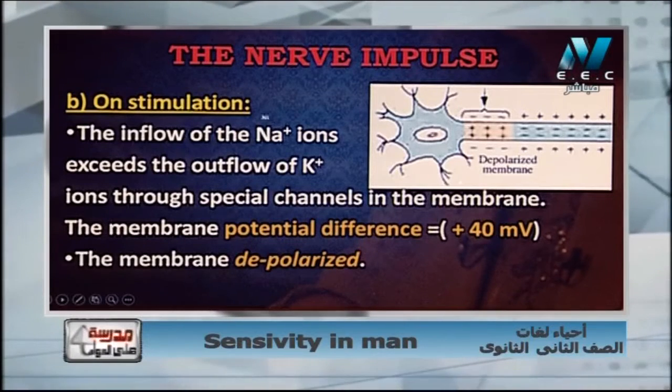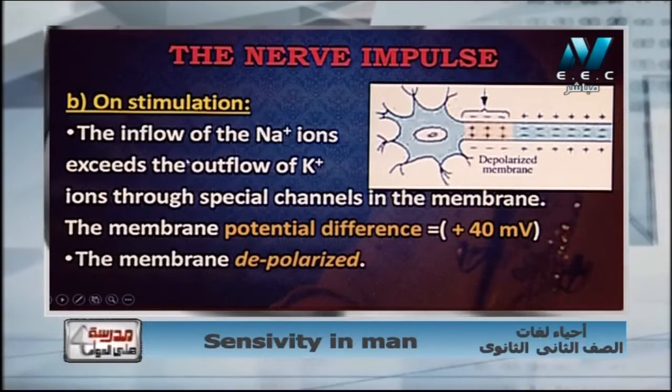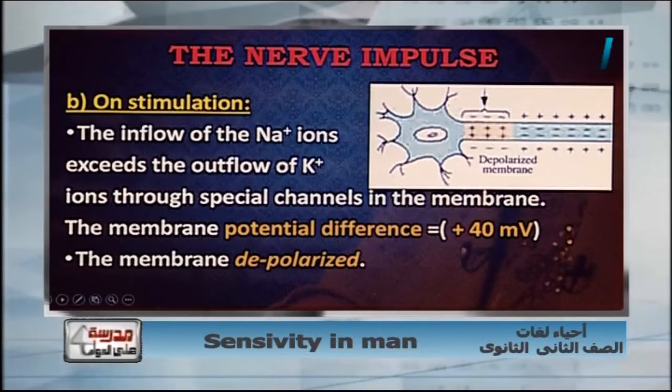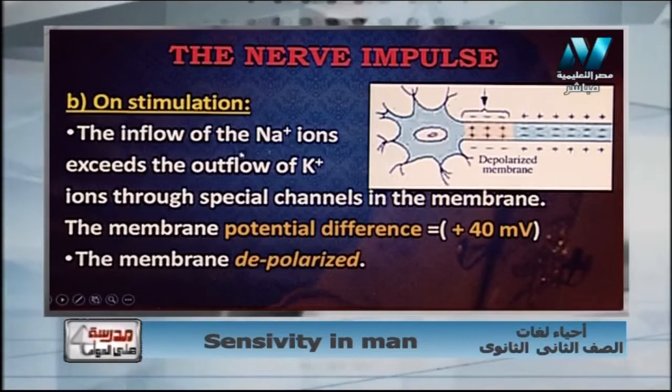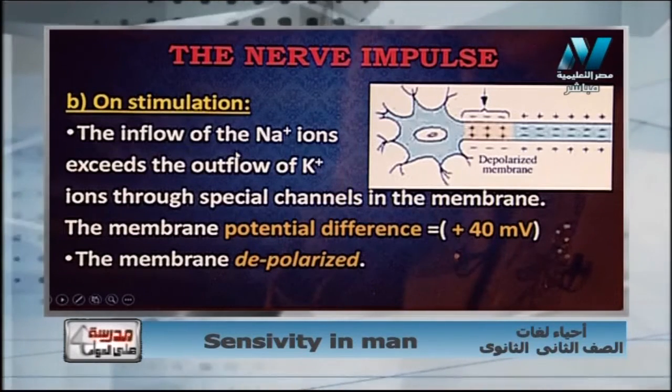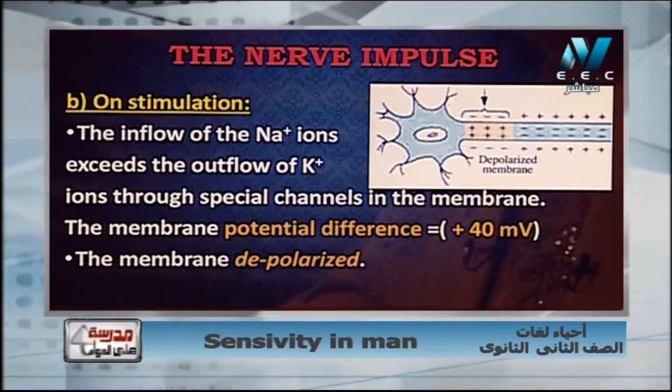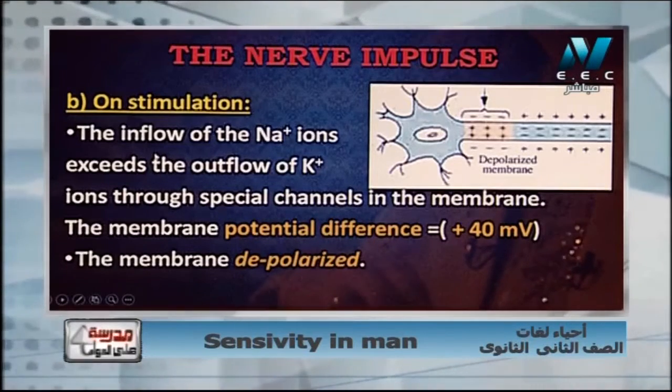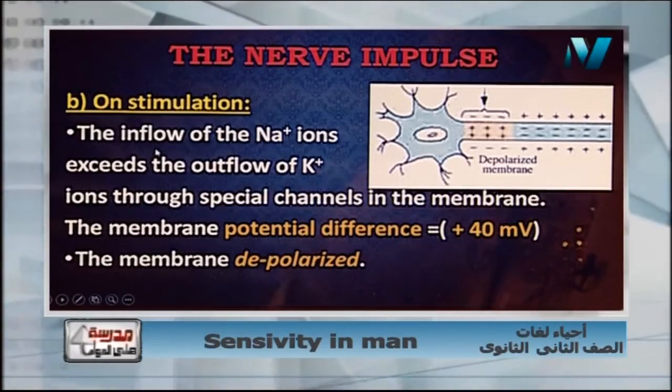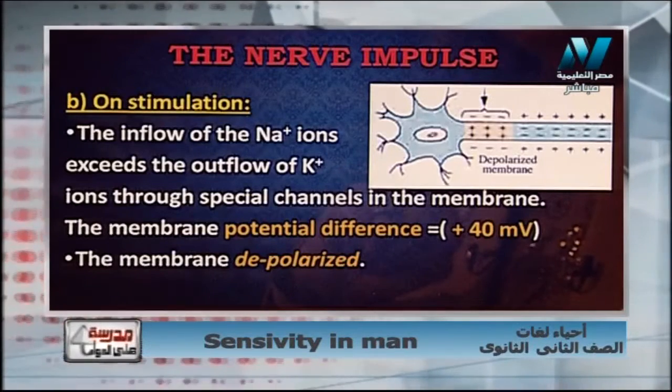So the inflow of the sodium ions exceeds the outflow of potassium. In the rest stage, at rest, the membrane has what we call the sodium-potassium pump. It keeps sodium outside and potassium inside. But in case of stimulation, it is reversed. So the sodium inflows inside, and the potassium is pumped outside, which is not the normal case.